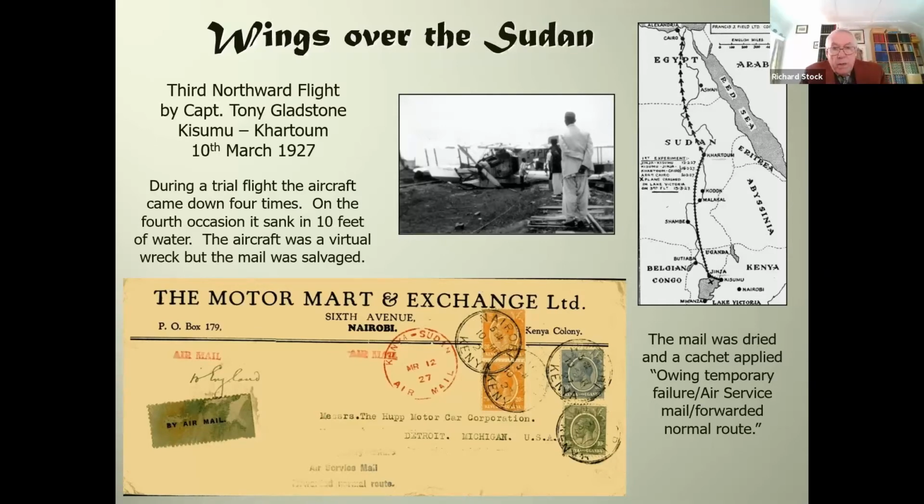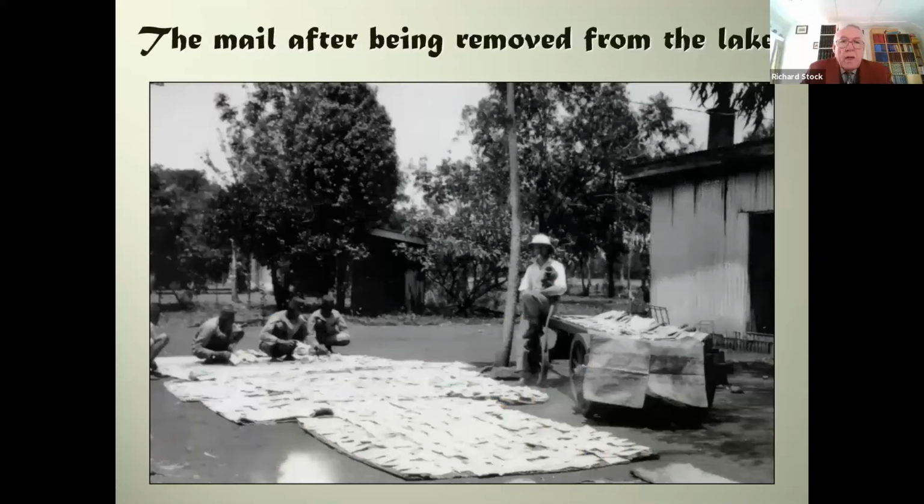But the part that I like are the photographs, because there's a whole series of them that I've got, and one demonstrates as clearly as anybody could what happened to the mail once it was retrieved from the lake. So here we see the staff of the post office on their hands and knees drying all the mail out on sacks.